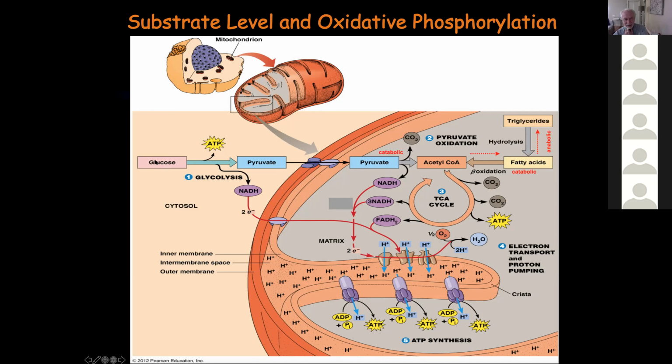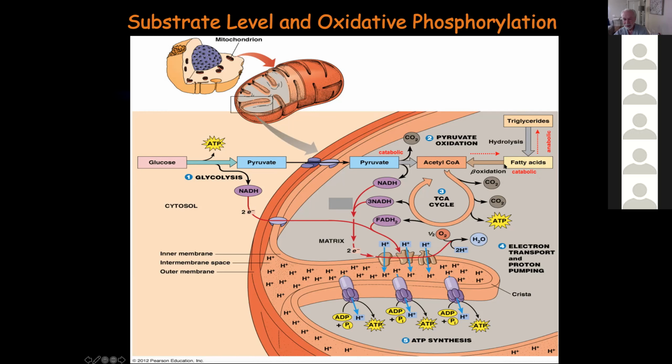That if your body is starving for sugar, it probably still has fat, and so it can stop using sugar for acetyl-CoA and start hydrolyzing fats. Remember, fats are triglycerides, and fatty acids then can be converted directly to acetyl-CoA.